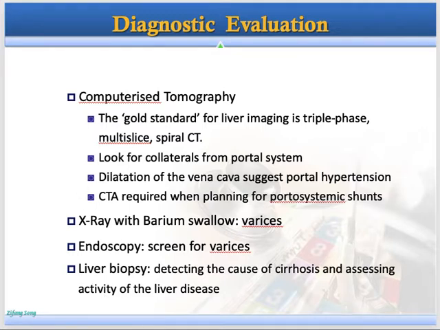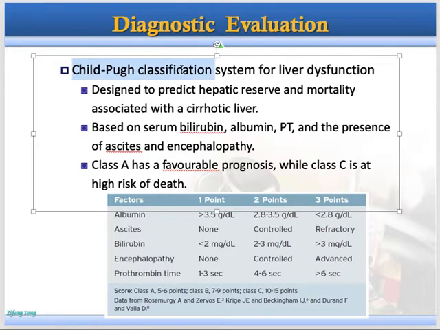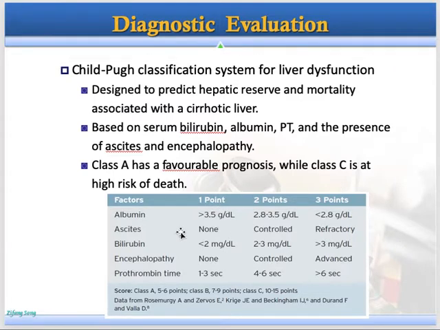So all this is diagnostic evaluation, and I already explained the Child-Pugh score, a classification system for liver dysfunction. So it is to calculate the mortality, okay, and it is no need to remember this one, by the way. 1, 2, 3 points, and albumin, ascites present or not, bilirubin, encephalopathy present or not, and prothrombin time.